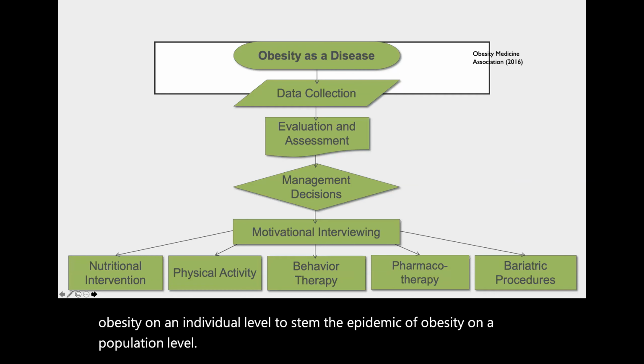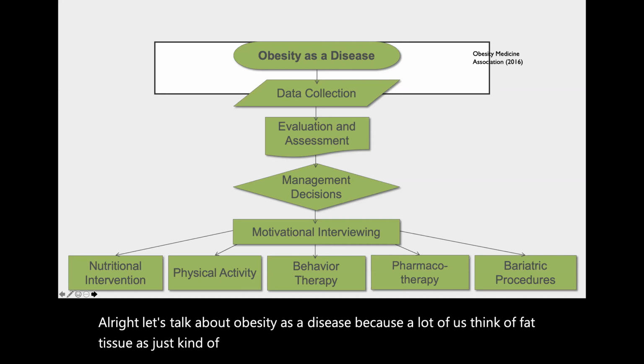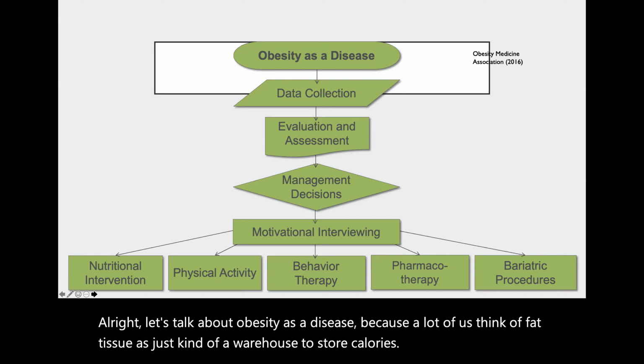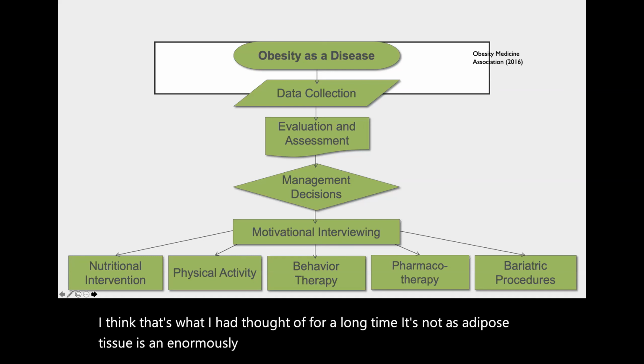All right, let's talk about obesity as a disease, because a lot of us think of fat tissue as just kind of a warehouse to store calories. I think that's what I had thought of for a long time. It's not. Adipose tissue is an enormously complex endocrine organ. It has lots going on in there. It is not just a warehouse.